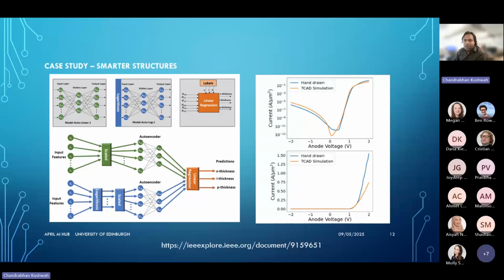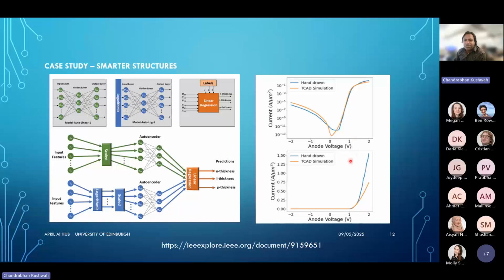This level of accuracy is very notable, especially since the model was trained on a data set which is not that large, only 508 points, spanning 4 orders of magnitude in the leakage current. In the forward bias region, the model also aligned well with the hand-drawn curve up to 1.5 volts, for VA greater than 1.5 volts.